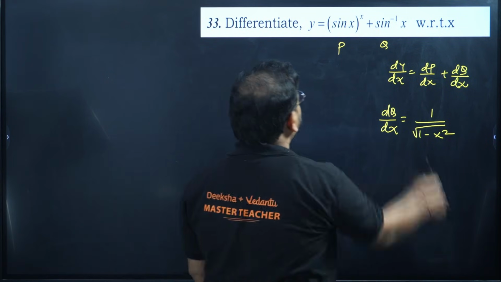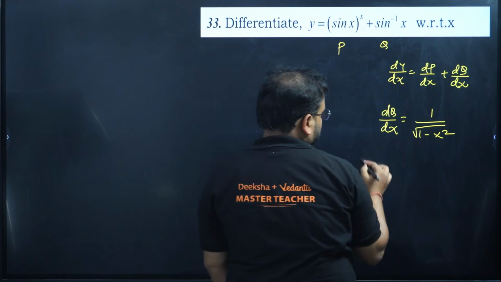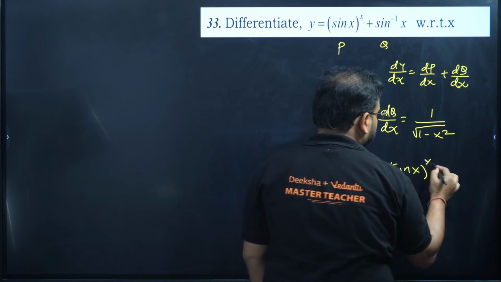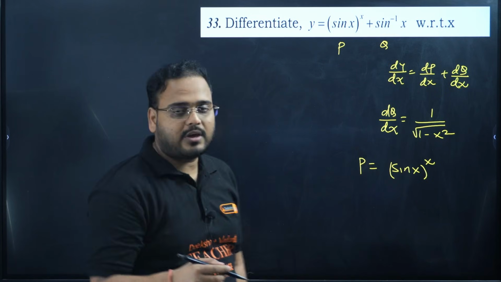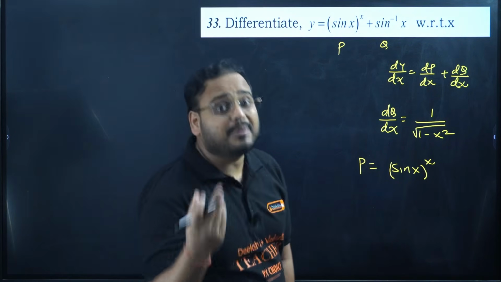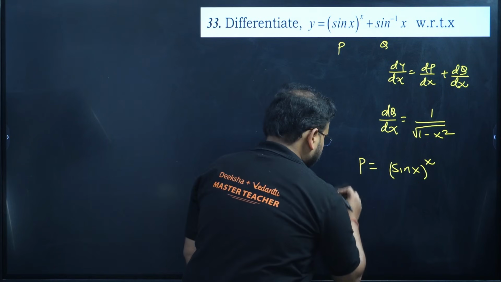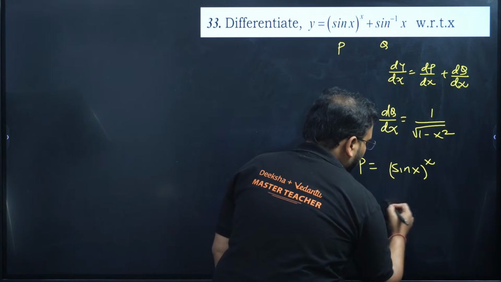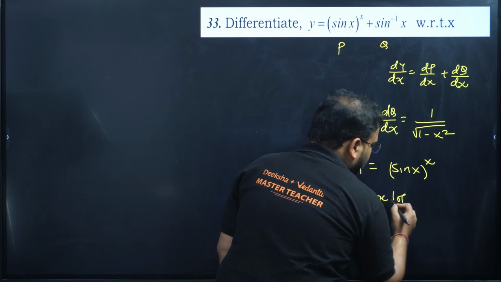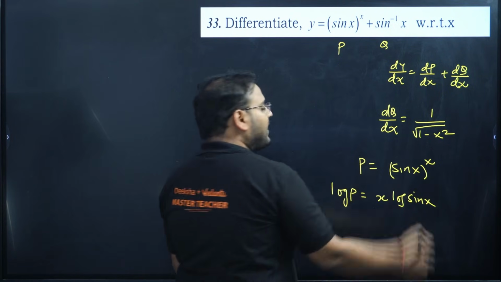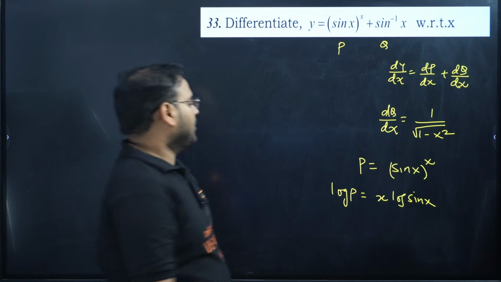Next we have to differentiate this sin x power x, which we have taken as p. Whenever we have the power form, quotient form or product form, we tend to use logarithmic differentiation. So apply log on p, and x will come in front: log p equals x log sin x, because this is a power so it comes as the coefficient of log. Now differentiate this.